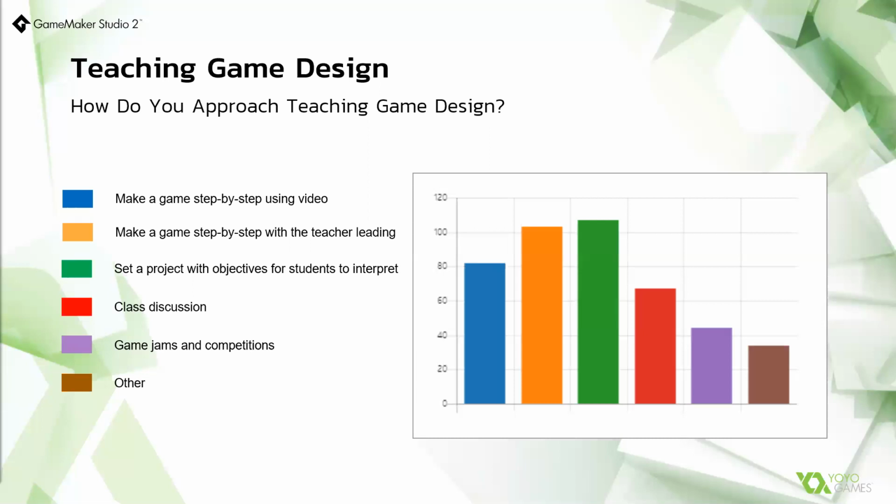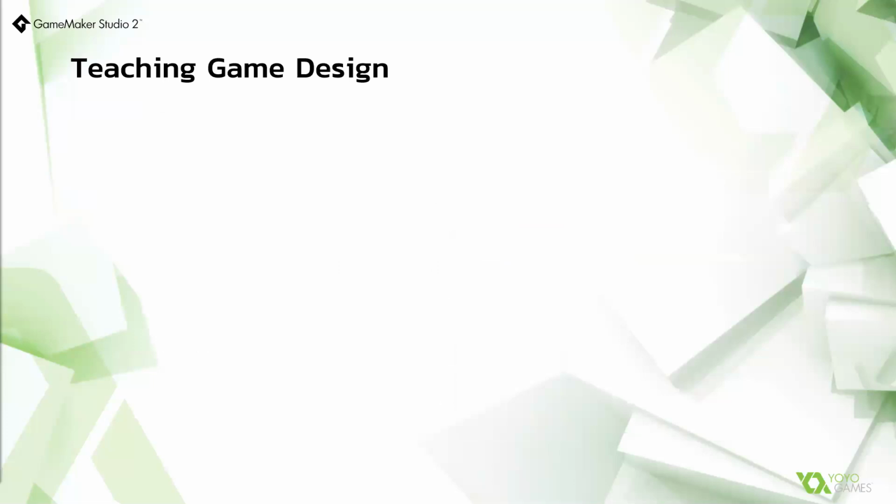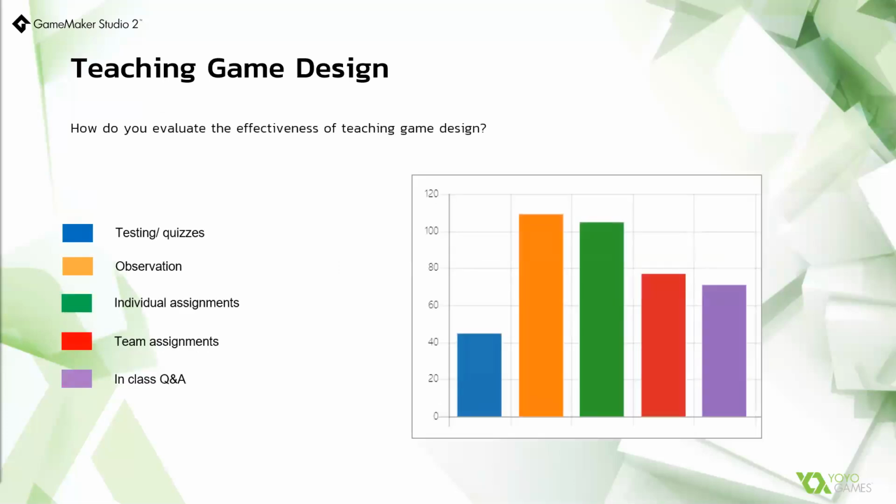So this is where students are really being tested on their creativity and their ability to apply what they've learned previously. Looking at evaluation, testing and quizzes, observation is obviously really important, and individual assignments. So we have an ongoing assignment with the educator materials that we're going to test on.